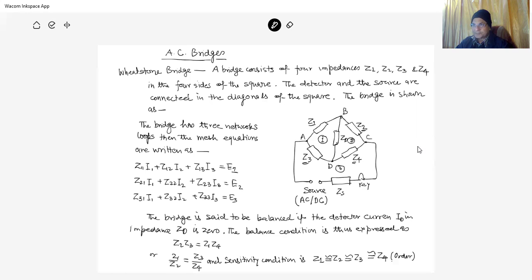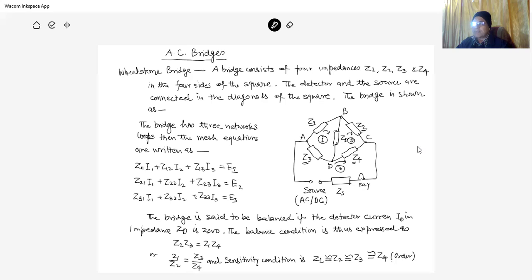So A, B, C, D has four impedances, and the impedance of the source and the impedance of the detector are shown in the figure. In this way, three loops form: loop 1, loop 2, and loop 3. In these three loops, we use Cramer's rule, as used in network analysis, which we will discuss in unit 4.